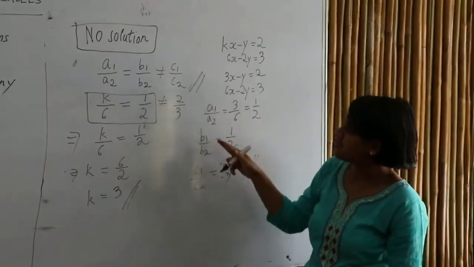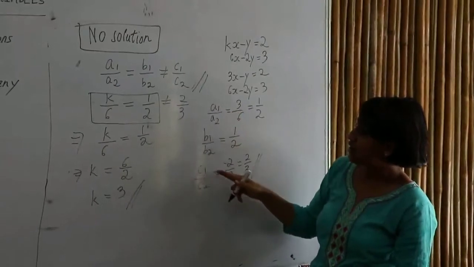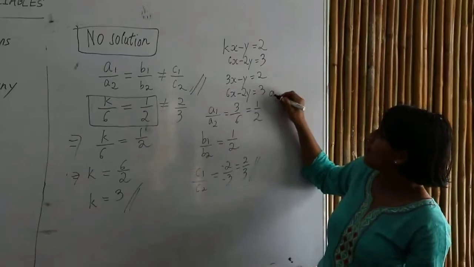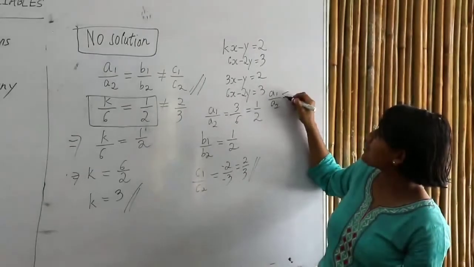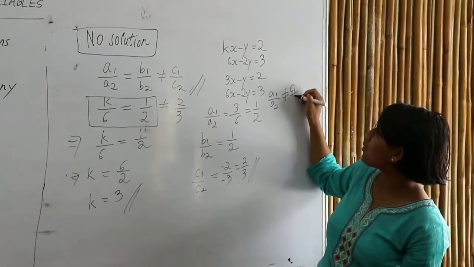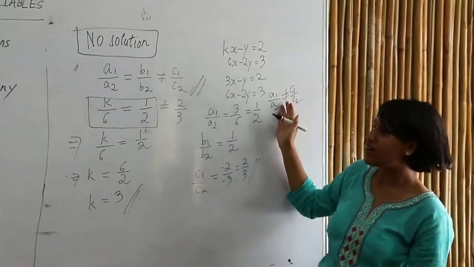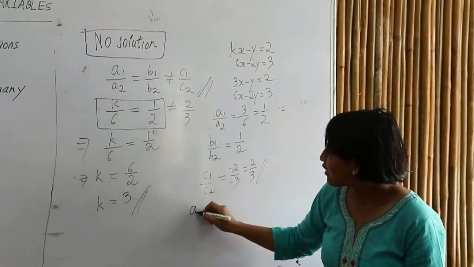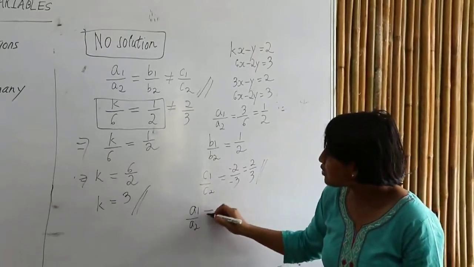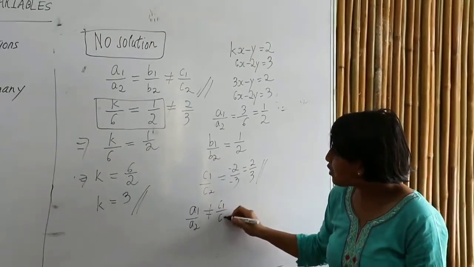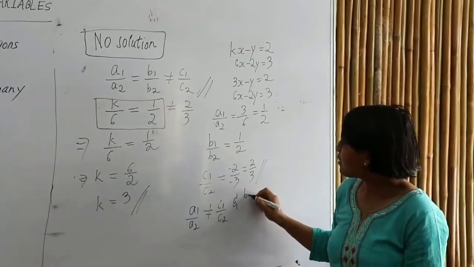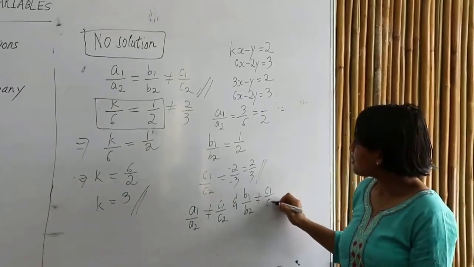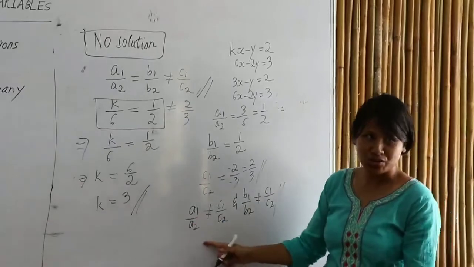You see, these two are equal, but a1 by a2 is not equal to c1 by c2, and b1 by b2 also is not equal to c1 by c2.